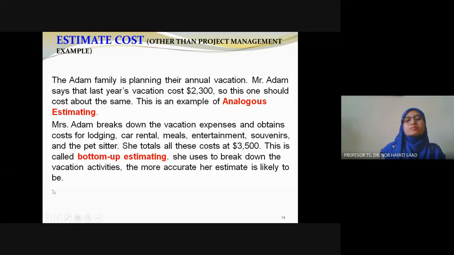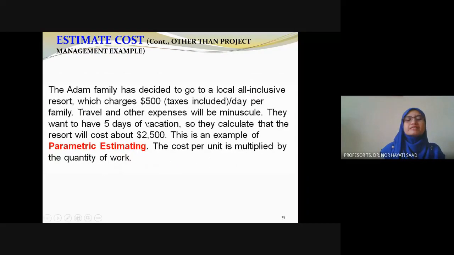Those kinds of things we call bottom up estimate, and the third one is parametric. The moment the Adam family decided to go to a local all-inclusive resort which charges 500 per day, a lump sum per package of 500 per day, and let's say he and his family want to stay for 5 days, this 5 days is the parameter, so 500 times 5 will cost 2,500.